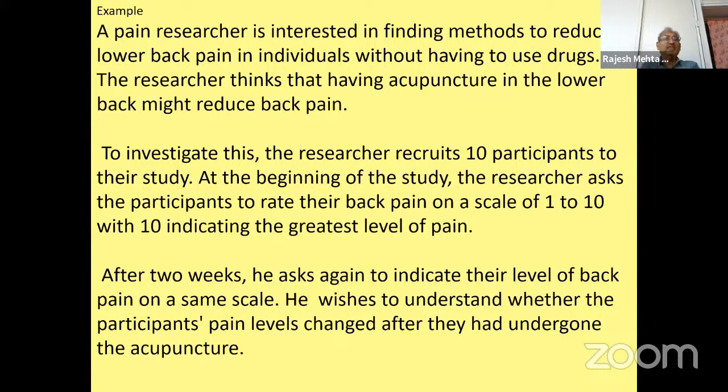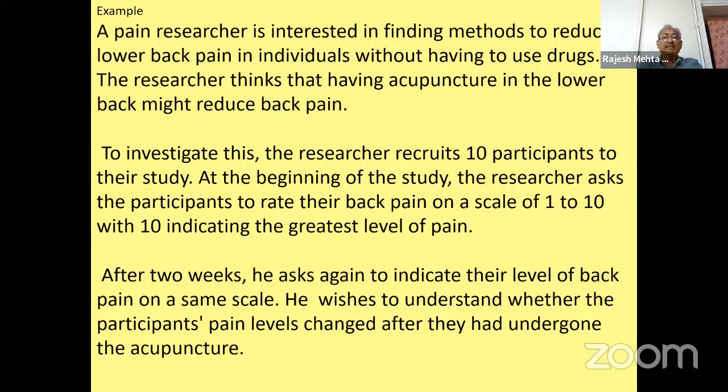The person says that without using drugs, with acupuncture, I'll be able to reduce the back pain. Now let us see whether acupuncture was useful or not. To investigate this, the researcher recruits 10 participants to their study. At the beginning of the study, the researcher asks the participants to rate their back pain on a scale of 1 to 10, with 10 indicating the greatest level of pain.